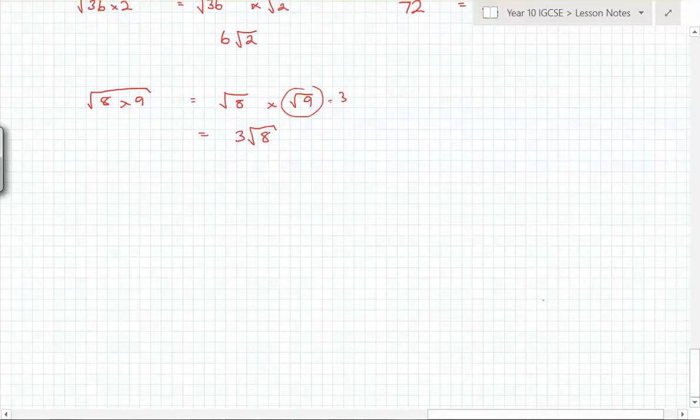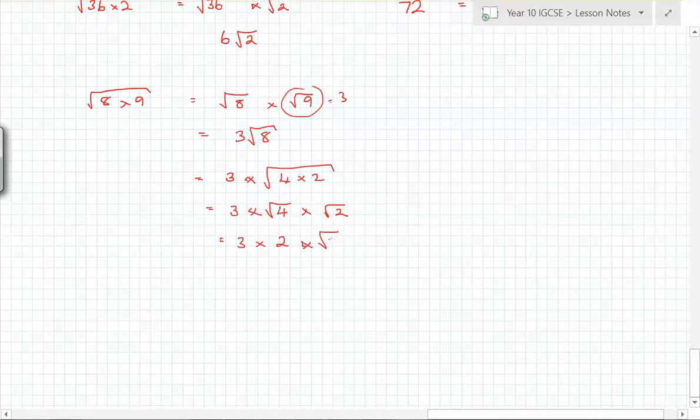Well, what we've got to do is look in the square root symbol. Can we split it any further? Because 2 times 4 is equal to 8. So I've got 3 times root 4 times 2. And the 2 escapes out. So I've got 3 times root 4 times root 2, which is 3 times 2 times root 2, which is 6 times root 2.